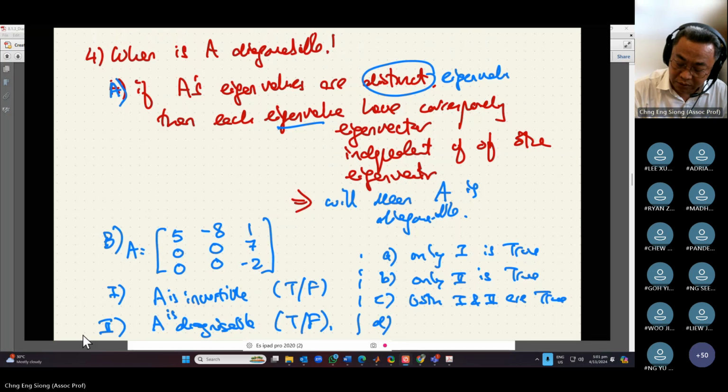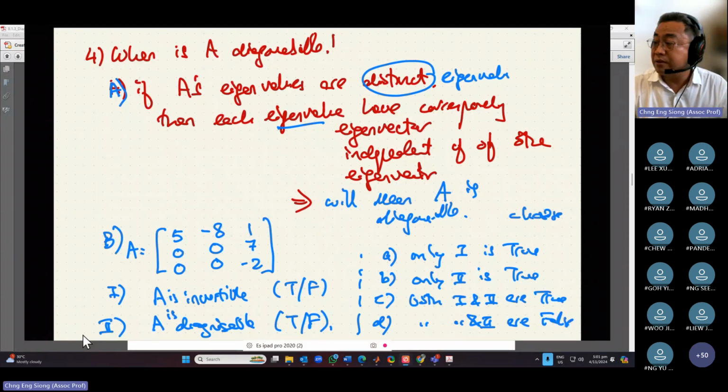D, both 1 and 2 are false. Choose. This is a type of quiz question we'll have. Do you need me to repeat, guys? Anybody?